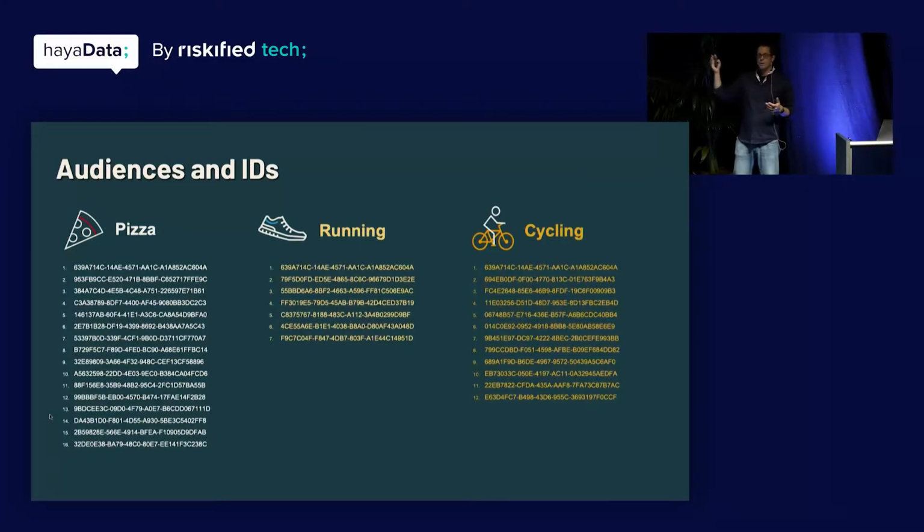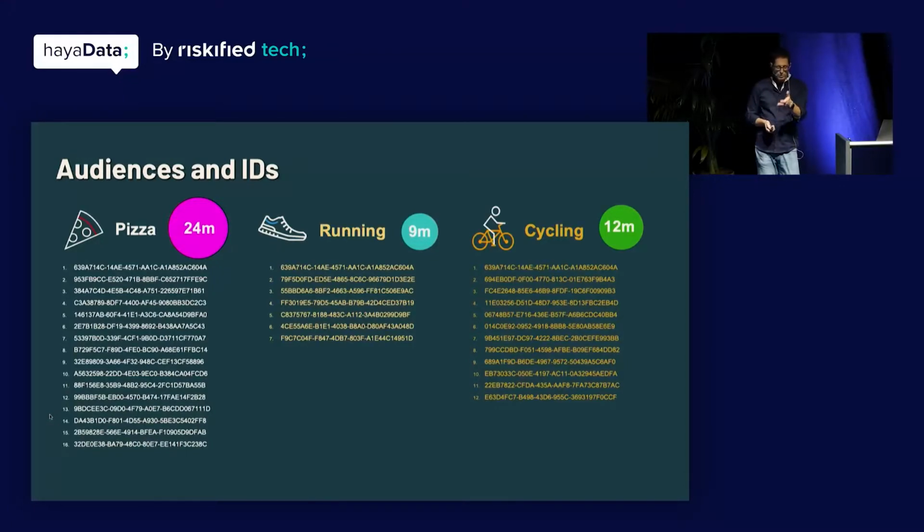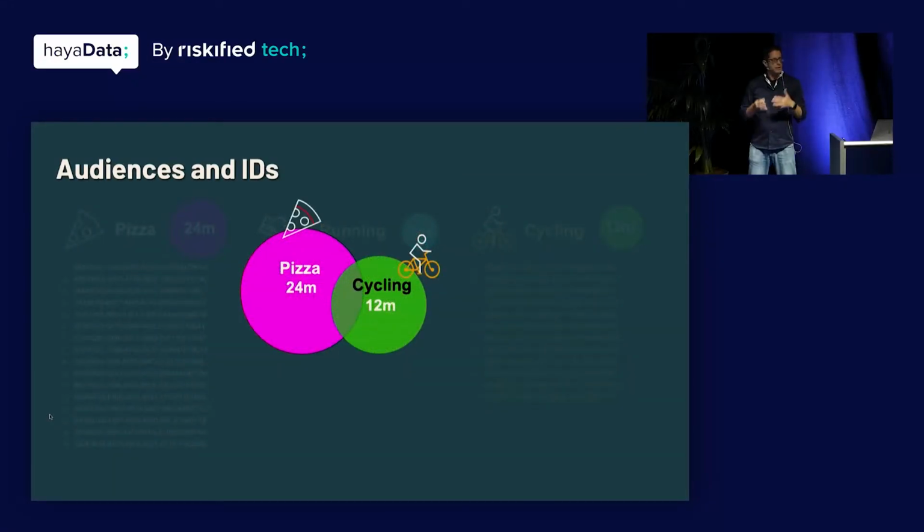So there could be a group or an audience of pizza lovers and people who are into running and cycling enthusiasts and so forth. And this is really useful. You can have a lot. The list, by the way, could be different sizes. This is really useful. Marketers love this because they like to intersect these groups and then run marketing campaigns towards these devices or users.